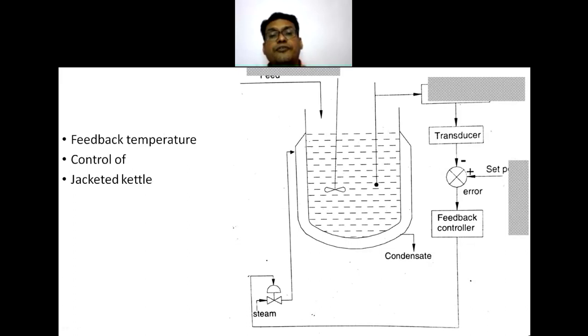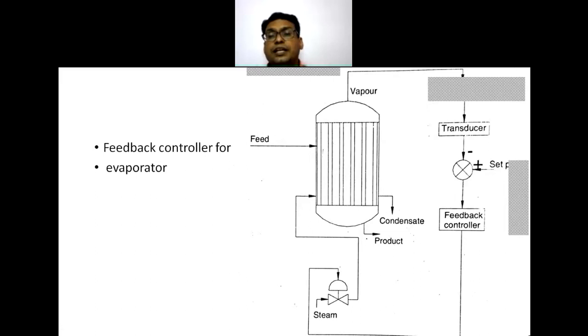The next is the feedback control of a jacketed kettle that is being used. So temperature measurement, transducer, comparator, controller, and then to the control valve. Then in case of an evaporator, the measurement is the amount of the vapors generated.